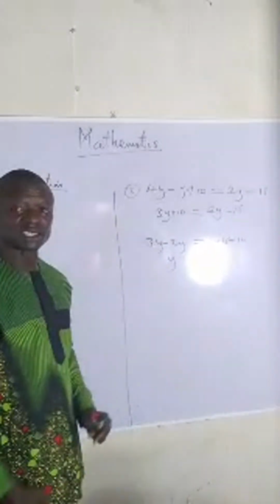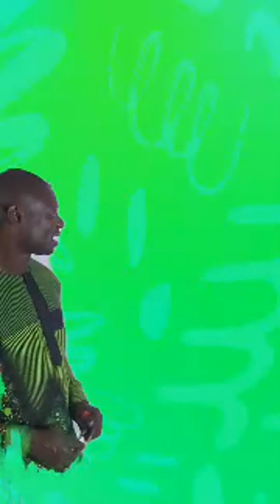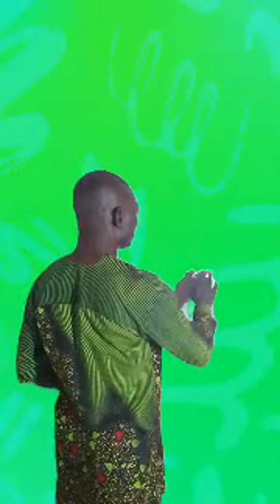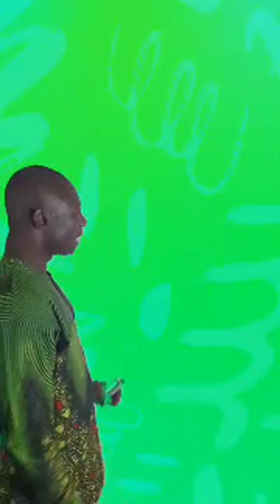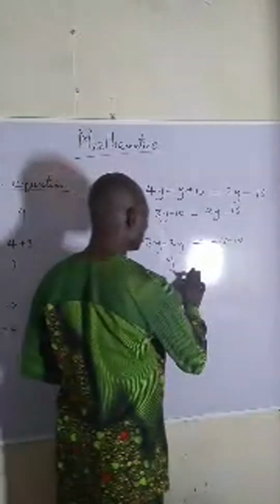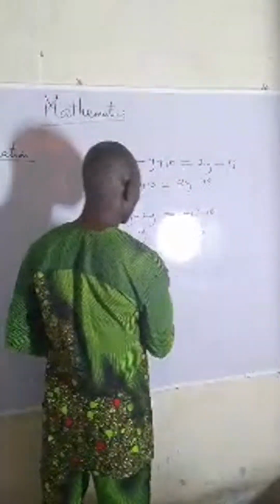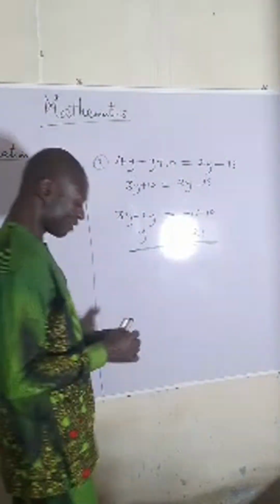It is expected that if it is written y like this, the coefficient of that letter is 1. And so whatever we get on the right hand side will automatically become our answer. Minus 15 minus 10 will give us minus 25. So the correct answer to this question is minus 25.